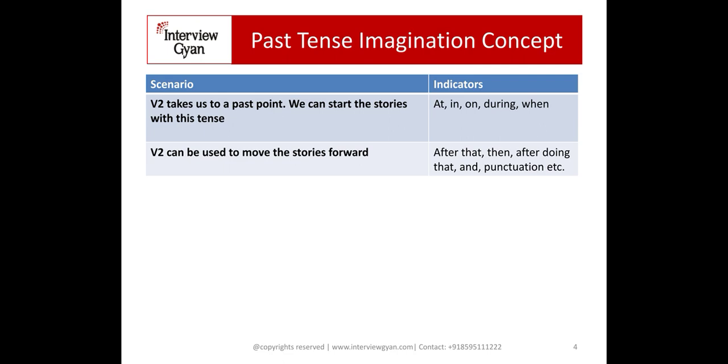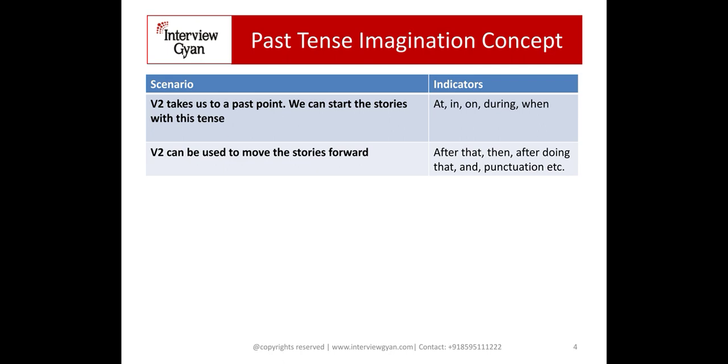That will give clarity of the exact point. But the moment "I invited" would be spoken, it means somewhere in the past we need to go to find out the action. Okay, indicators. The moment you use the words like at, in, on, during, or when, you need to understand that second form could be used over there. We'll take some examples also on this.